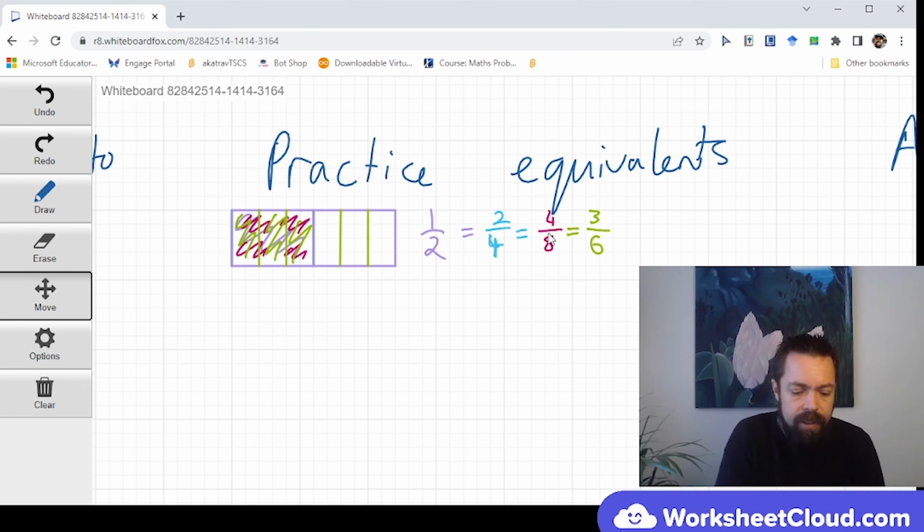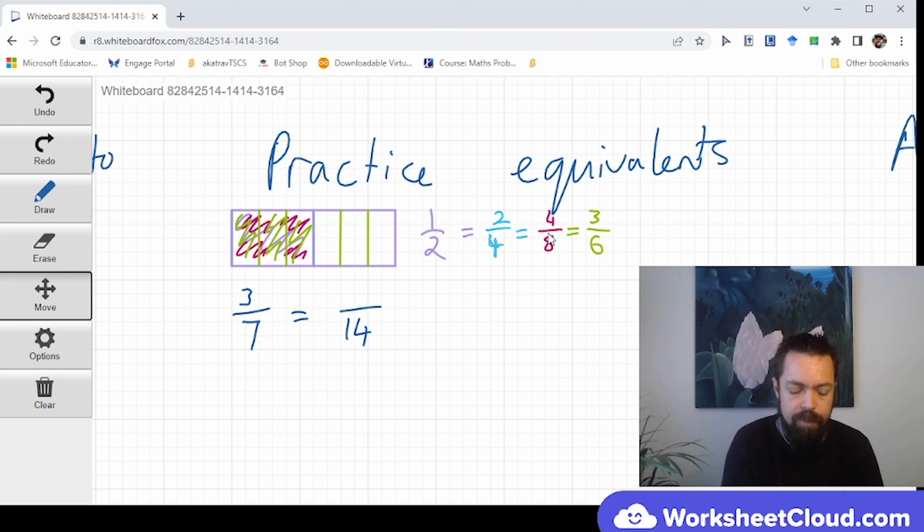But sometimes they'll leave a missing number. So 3 over 7 is equal to something over 14, and they want you to find out what is the missing number. Now with these ones, the way you want to go about it is to always work from what you do know to what you don't know. So I know the left and I know the bottom.